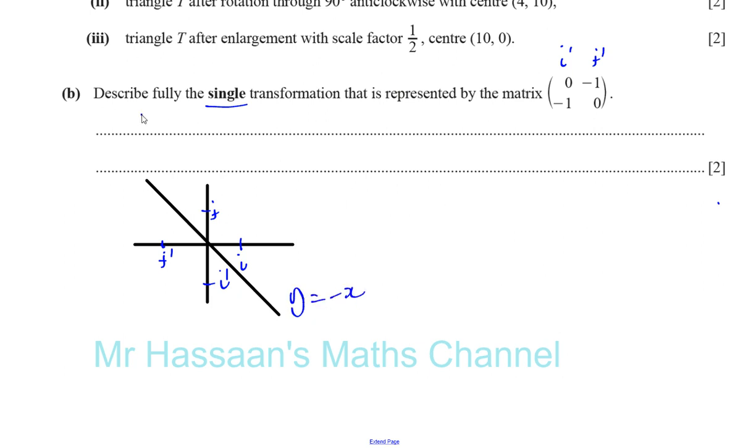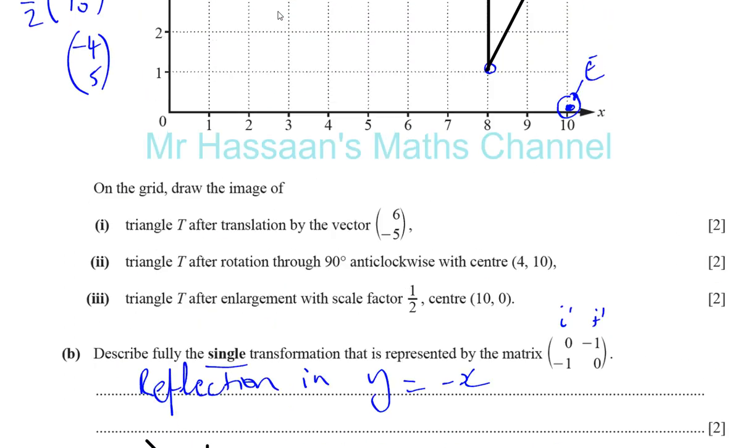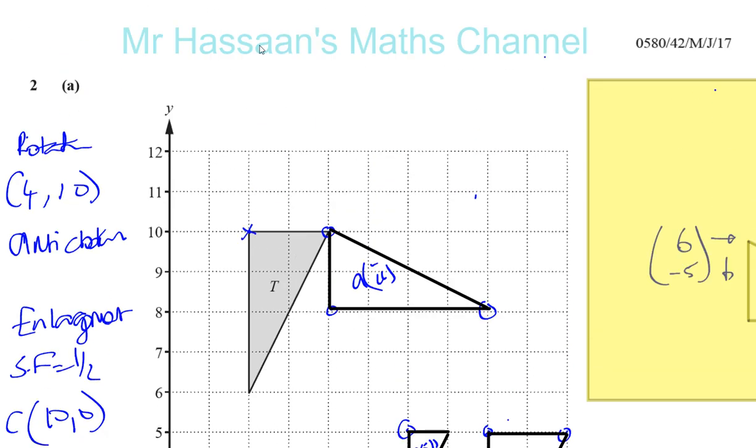So you write: reflection in y equals -x. And there we have this question fully answered. That's question number 2 from that paper, summer 2017, paper 4, variant 2.